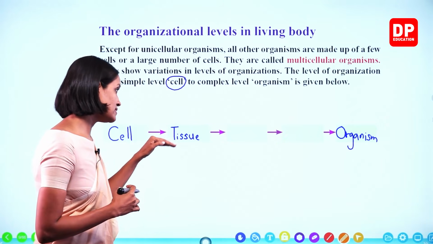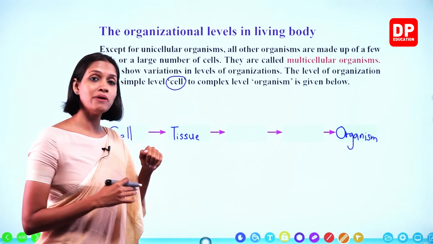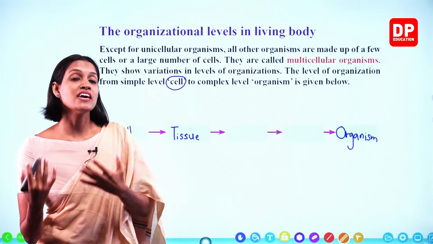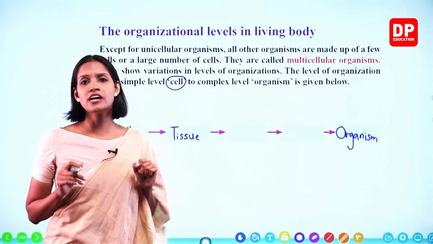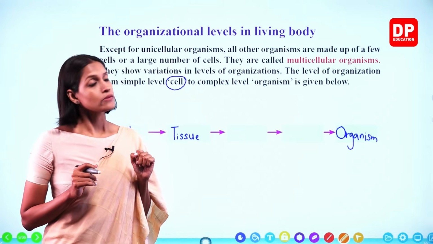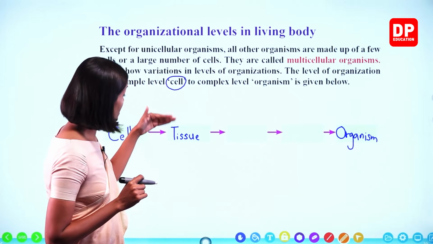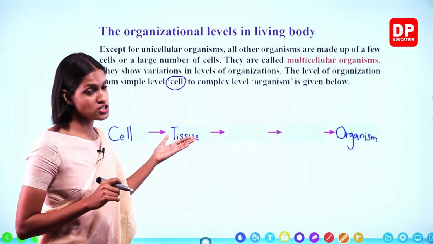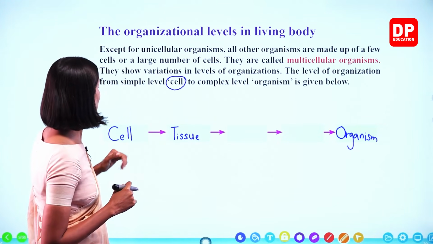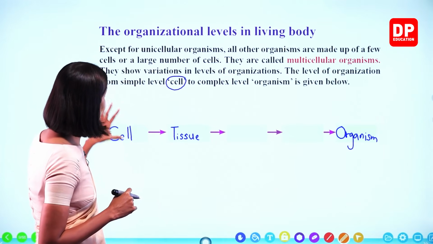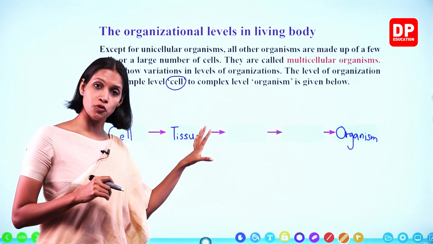Right? A tissue is made by combining the same type of cells, or maybe different types of cells as well. And tissues have certain functions, certain features that we are going to learn about. So by combining a number of cells, a tissue is formed.